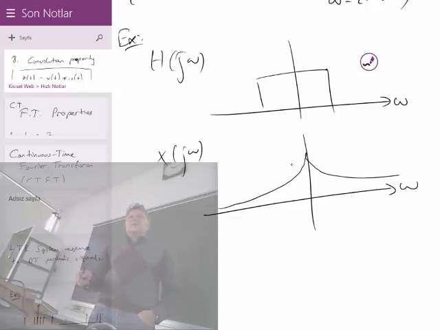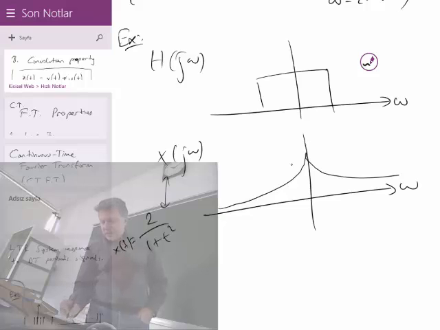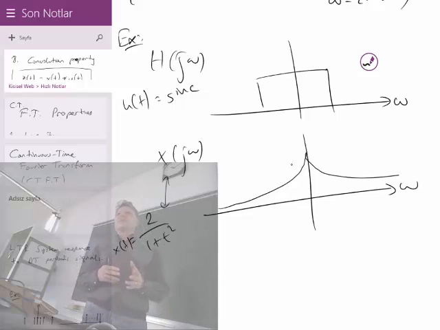And the time domain corresponds to 2 over 1 plus t squared. So the time signal x of t was 2 over 1 plus t squared, and h of t was a sinc. And I want you to find the output, which is y of t.